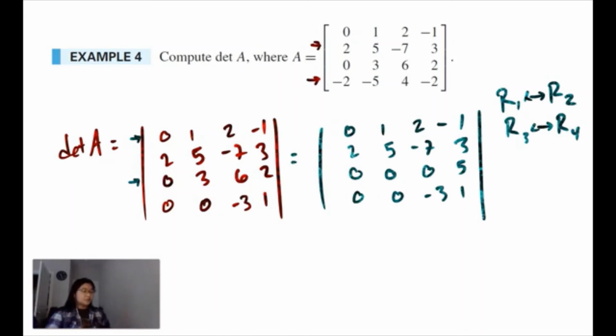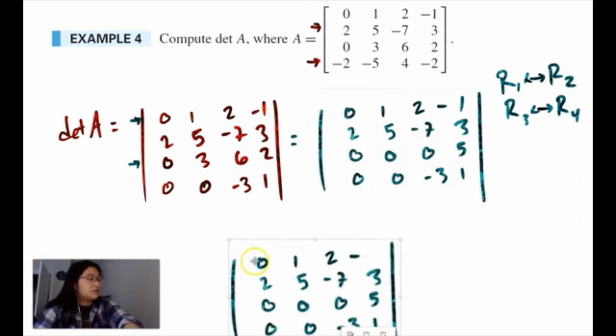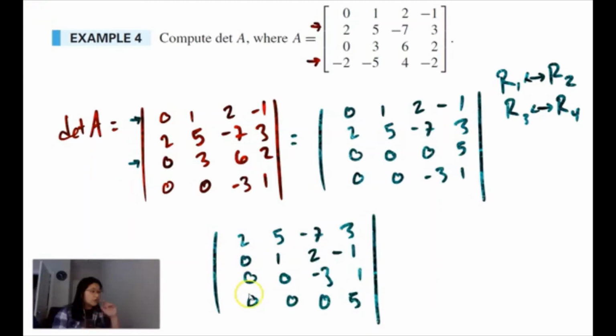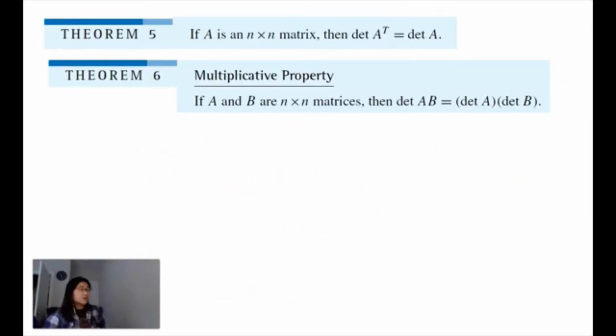And so we can change the order around here. With this from our swaps, we have triangular, so we can get just 2 times -3 times 5, and that's going to give us -30. So there's our determinant.